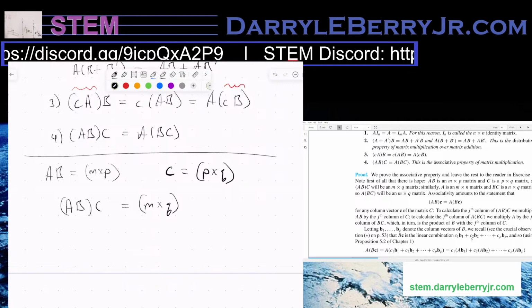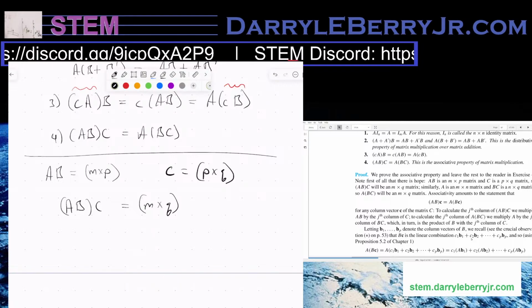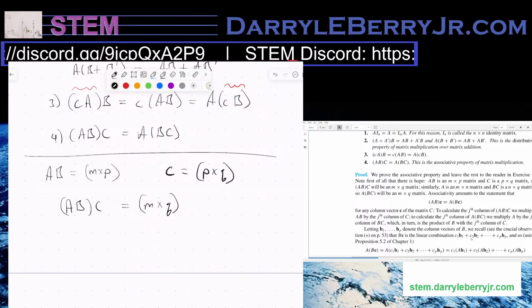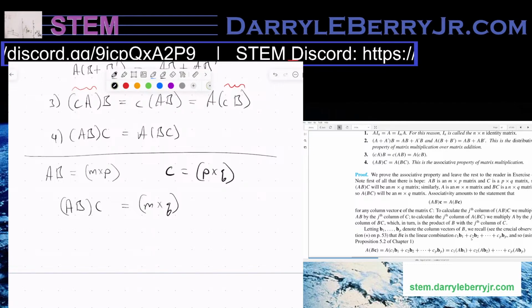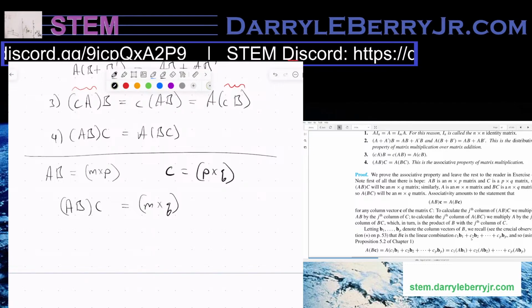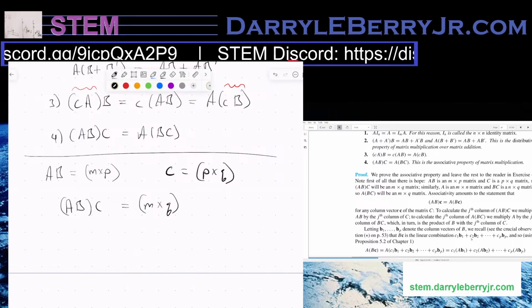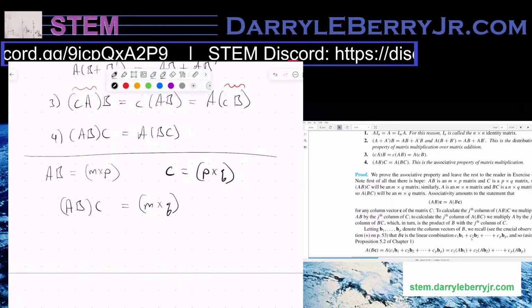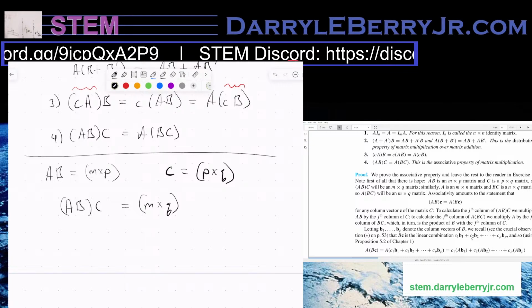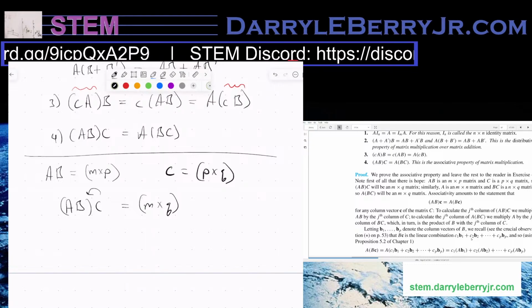Associativity amounts to the statement that (AB)C equals A(BC). (AB)c equals A(Bc) for any column vector c of the matrix C. That makes sense, because this is going to be multiplied column by column.